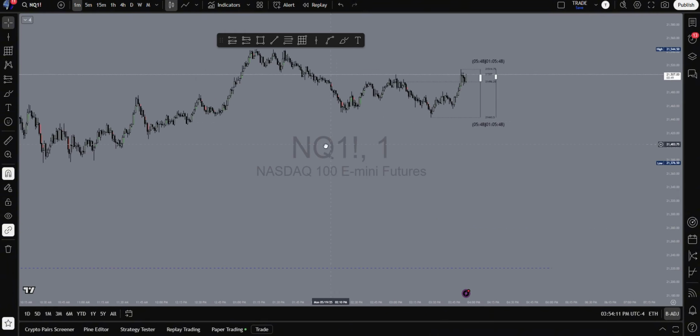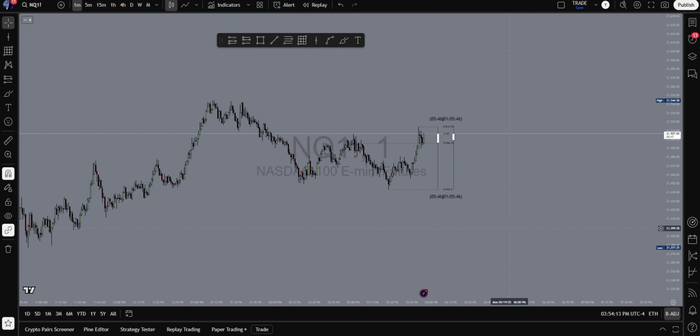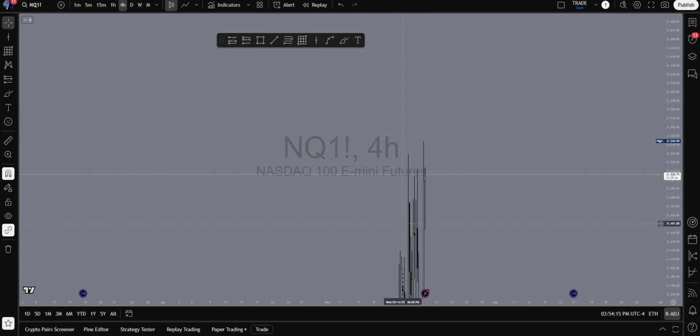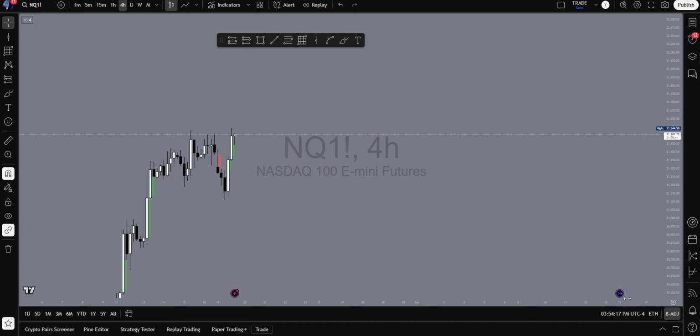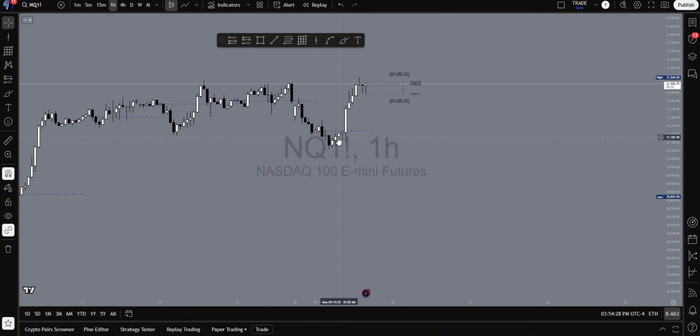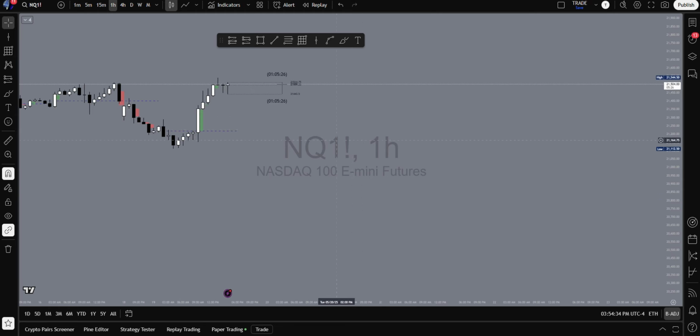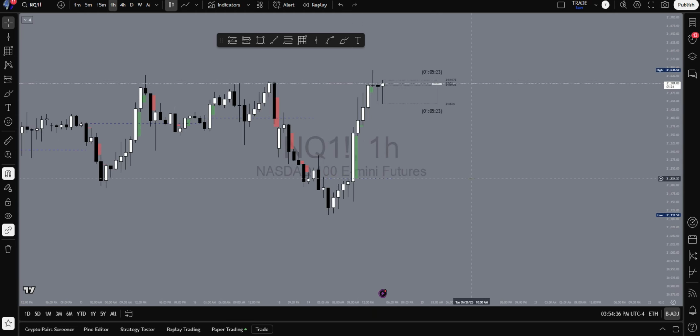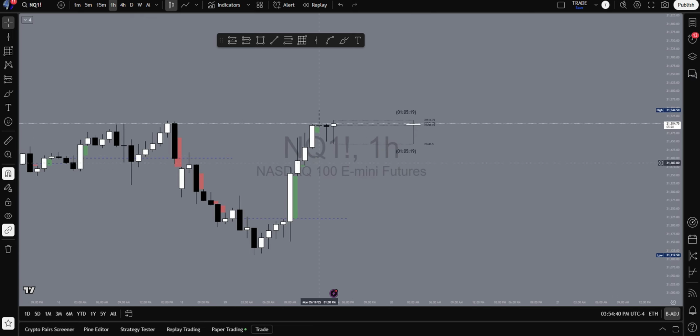For example, another thing to keep in mind is, let's say we are on a higher time frame, we zoom out, and just focusing on these candles right here, we realize that we're having some type of continuation on bullish order flow. So on a 1 hour time frame, we see just a bunch of bullish candles going up. So most likely, sometimes we'd like to expect maybe a continuation, or if not, we can create right here.